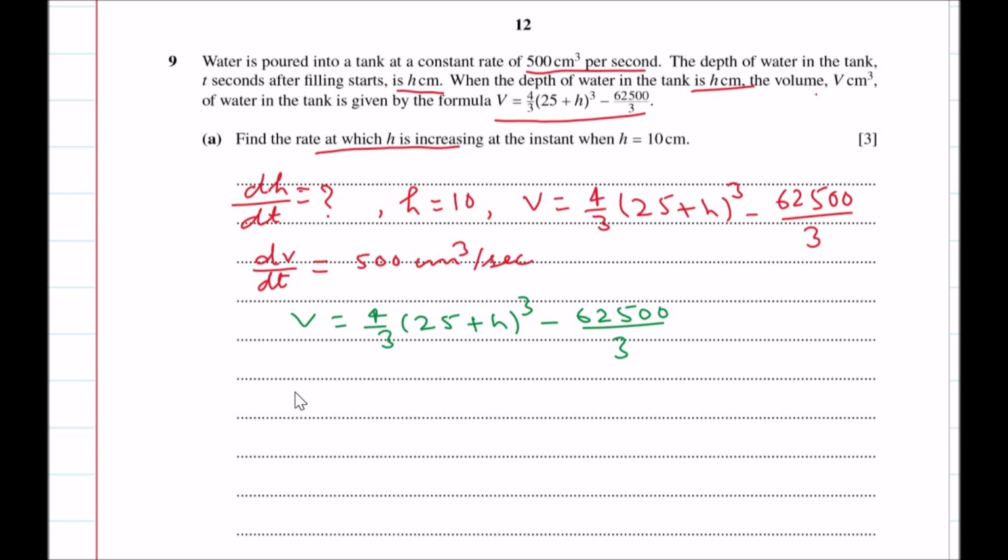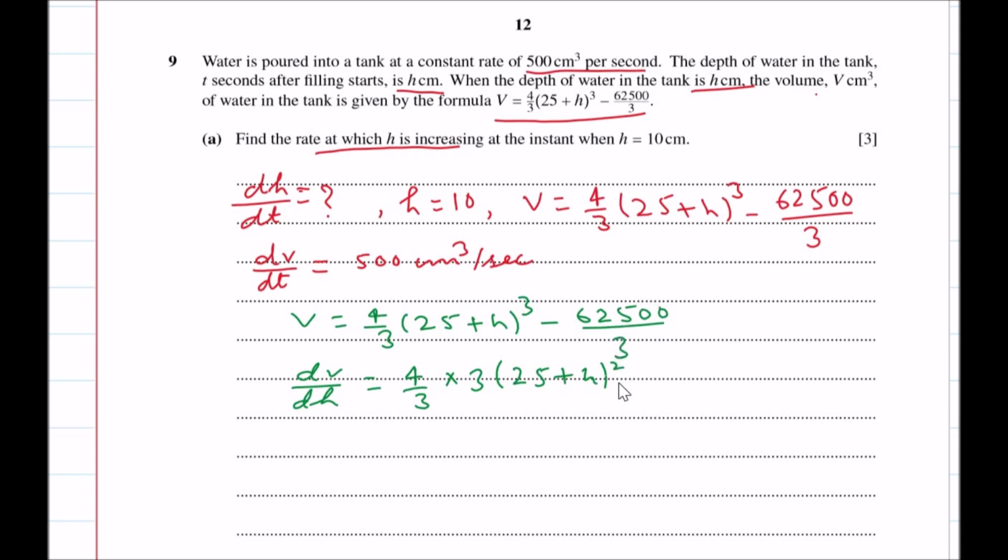So if you are differentiating this with respect to h, we get dv by dh, right? 4 by 3 as it is. Then the power comes in front. Power is 3, so it comes in front. And then the bracket power is reduced by 1, so power becomes 2 now.